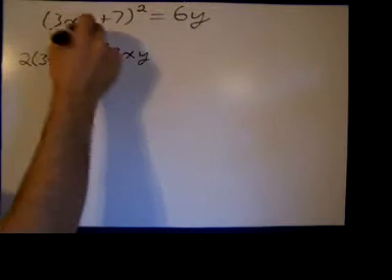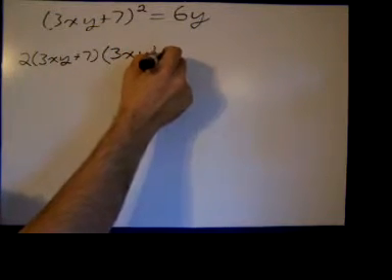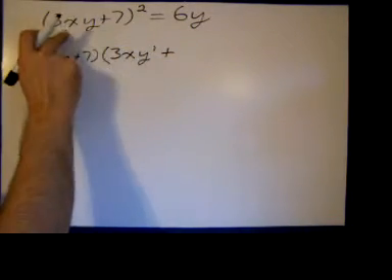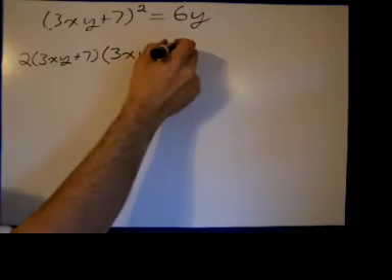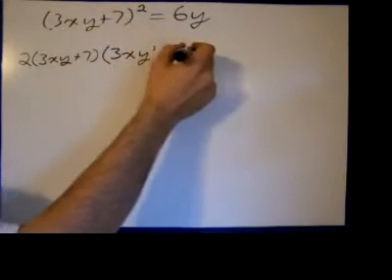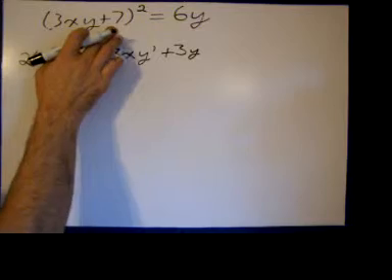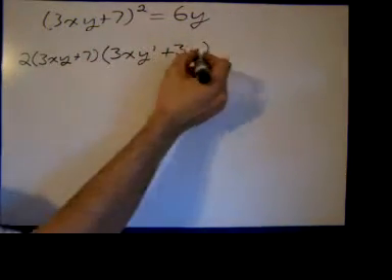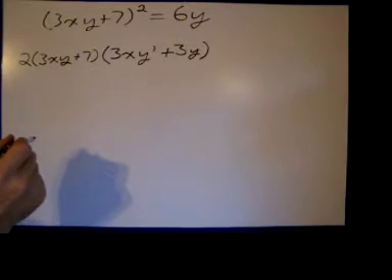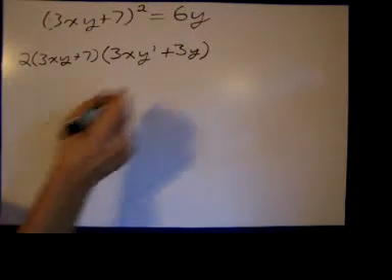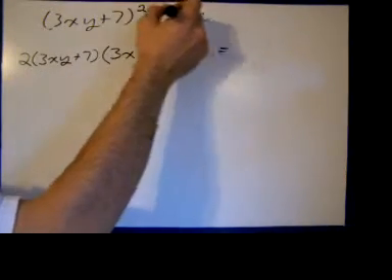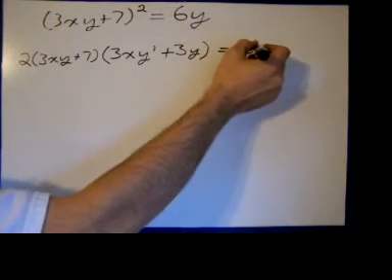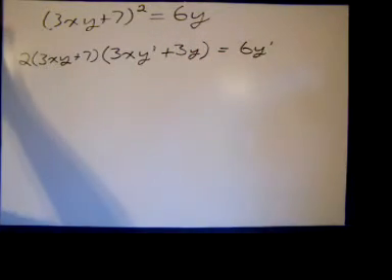The derivative of the second function y is y prime, plus the derivative of the first function, which is just 3, times the second function, which is y, and then plus the derivative of 7. The derivative of the constant is 0, so we won't mess with that. And then the derivative of 6y is just 6y prime.